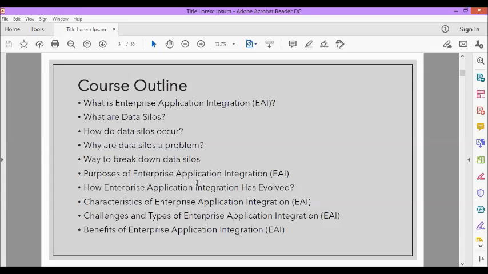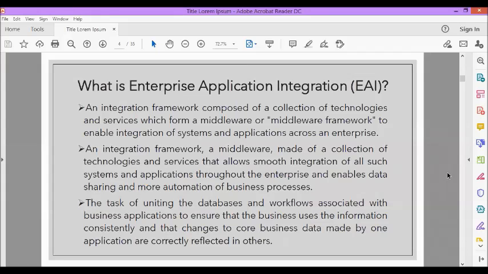Purposes of enterprise application integration. How enterprise application integration has evolved. Characteristics of enterprise application integration, the challenges and types of enterprise application integration, and the benefits of enterprise application integration.